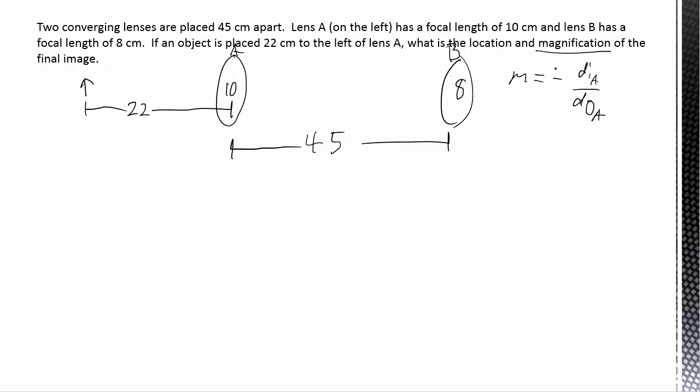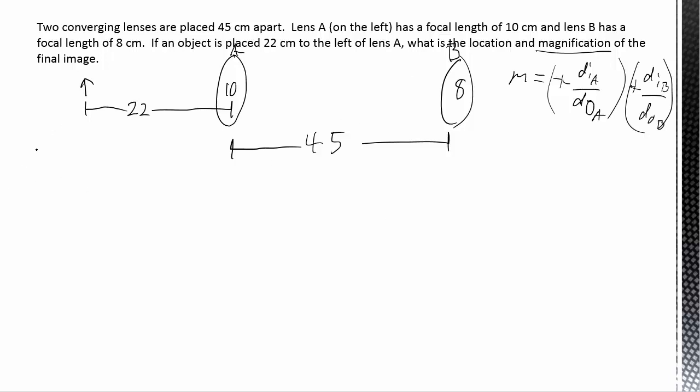And then we just multiply that by another negative d_iB over d_oB. Obviously you can get rid of the negatives since you have two of them, so it's just the object distance and image distances plugged into this. That will give you the total magnification for the final image with respect to the initial object. Alright, so let's get at it.